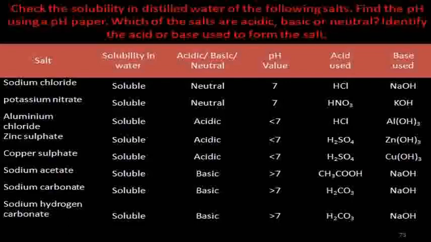It is dissociated into a strong acid and a strong base. So the pH value is neutral. Potassium nitrate: even here you can see the pH value 7 because it is dissociated into a strong acid and a strong base, nitric acid and potassium hydroxide. These two are equally strong. So the pH reading is 7.